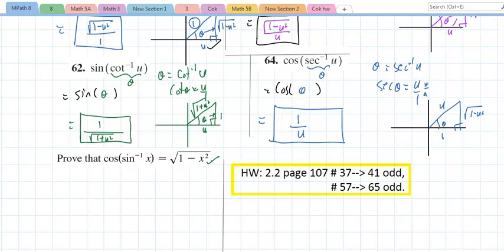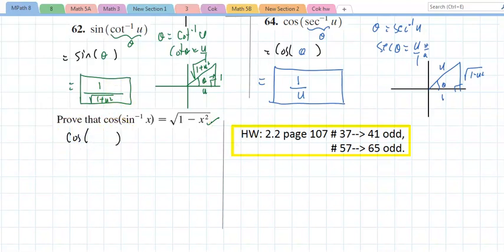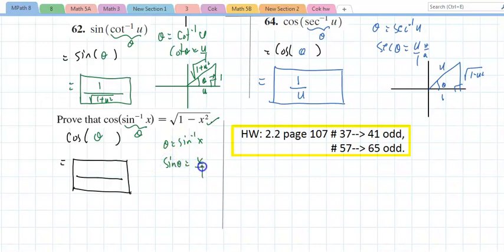And this is a problem from my calculus book. It says, prove that this is true. Work with the left-hand side. If I take the cosine, and if I call this theta, I'm looking for the cosine of theta, which is, as far as theta is concerned, the adjacent over the hypotenuse. If you let theta equal the inverse sine of x, that means sine of theta equals x over 1.